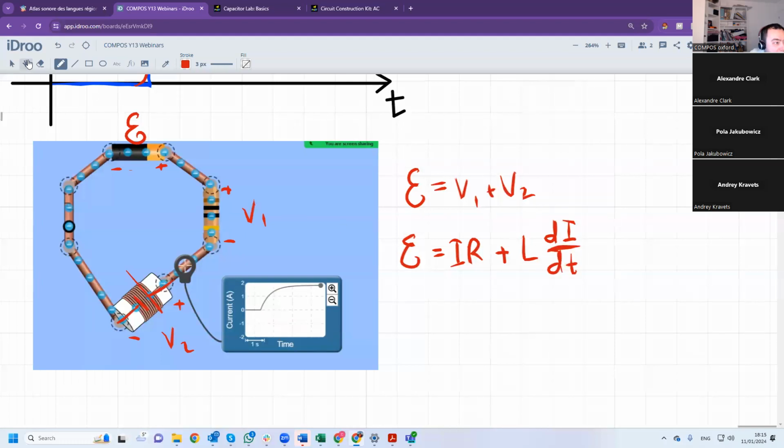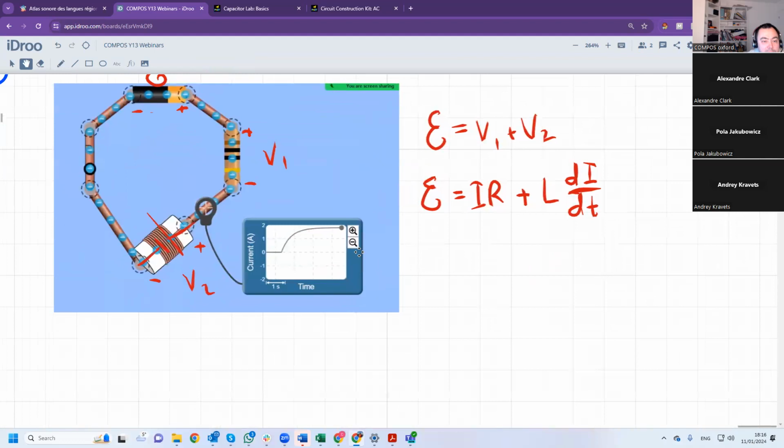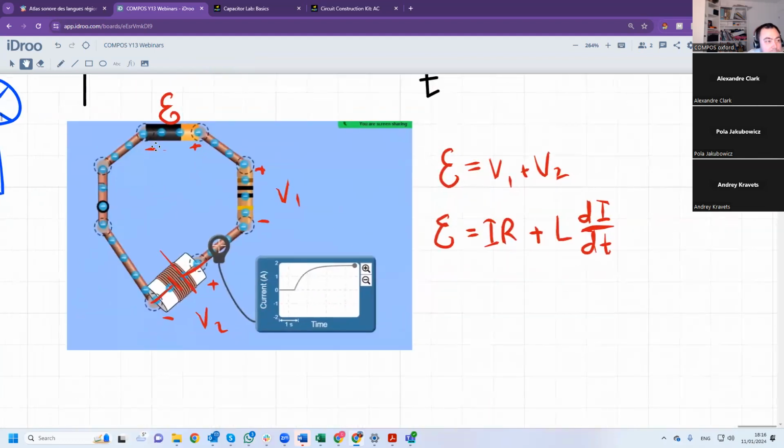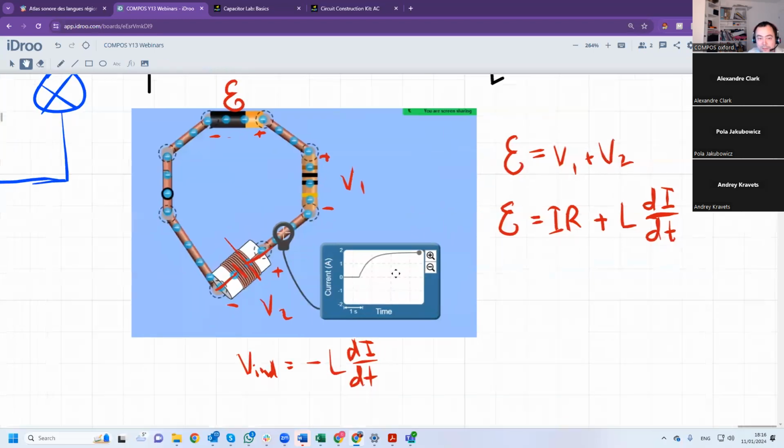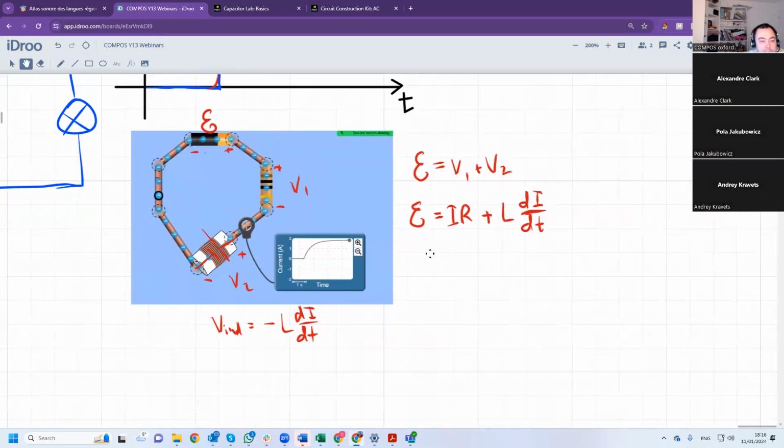Now, they tell you that the voltage on the inductor is minus L di/dt. So why did I put a plus here?